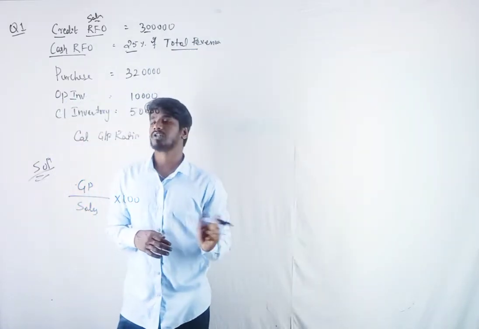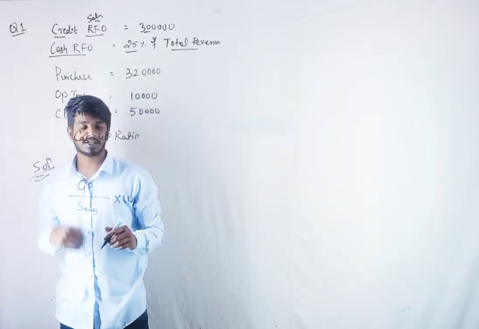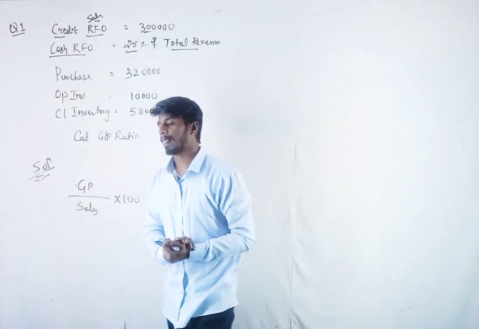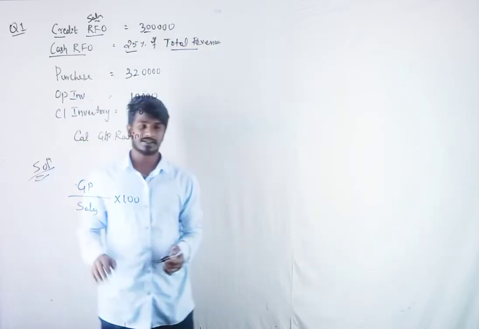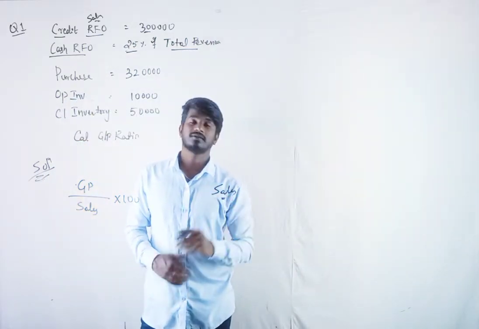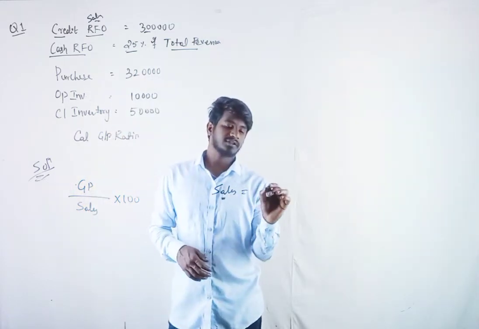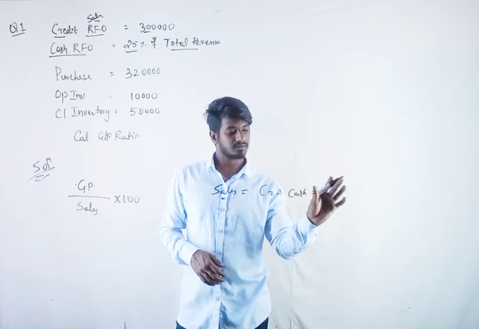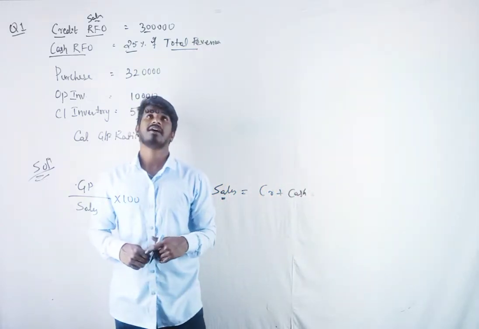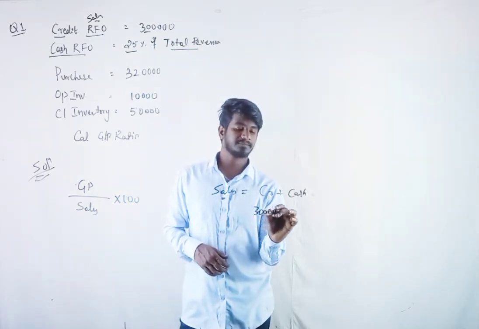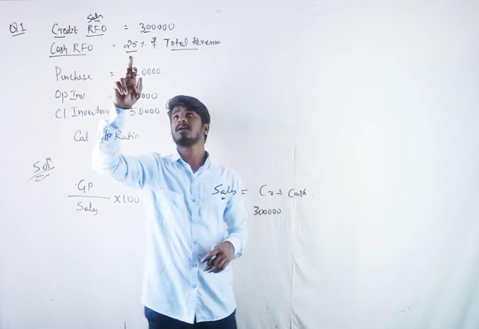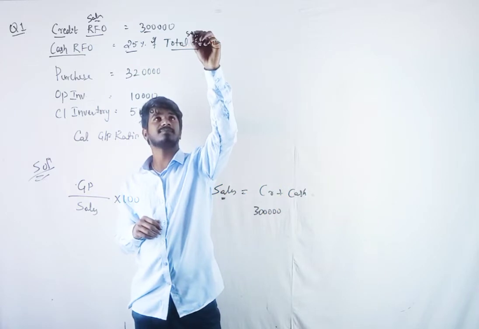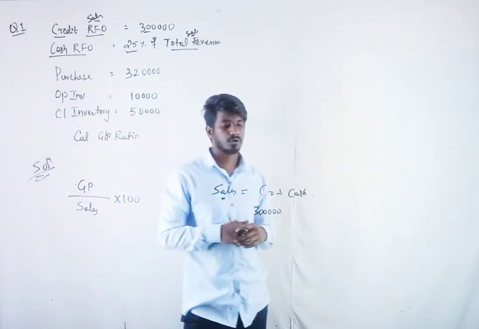So what is the formula for calculating gross profit ratio? Gross profit divided by sales into 100. Fine. Shall we calculate the sales? What is the formula: credit sale plus cash sale equals total sales. They have given credit sale 3 lakh, but cash sale is 25% of total sale.